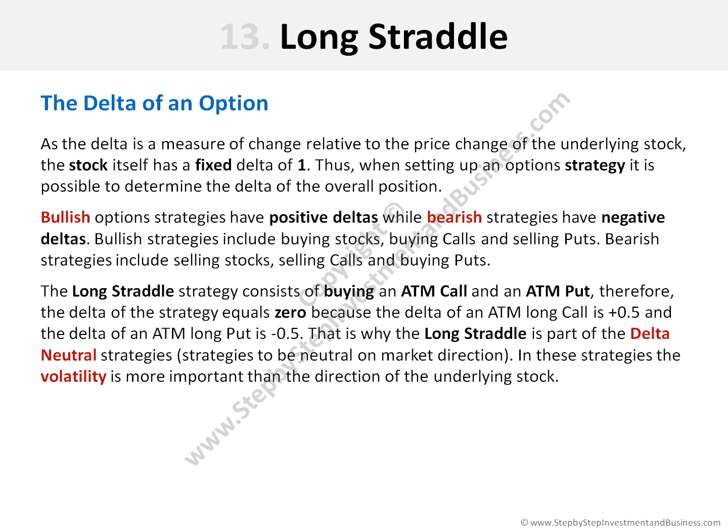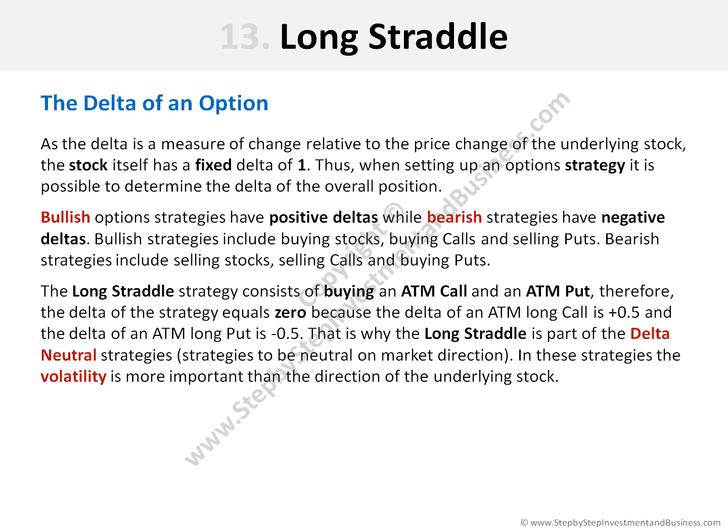That is why the Long Straddle is part of the delta-neutral strategies, that is, strategies to be neutral on market direction. In these strategies, the volatility is more important than the direction of the underlying stock. That is, we are focused on the movement of the stock and not on its direction.